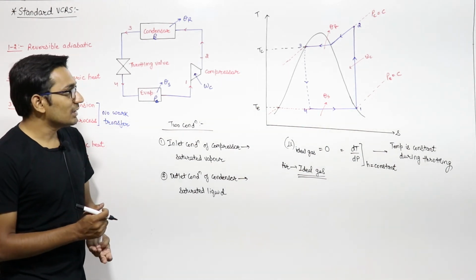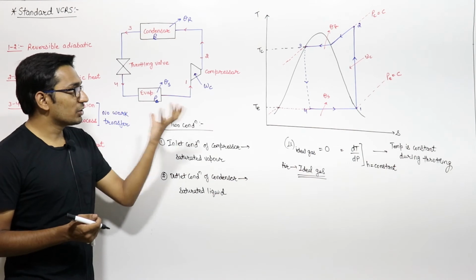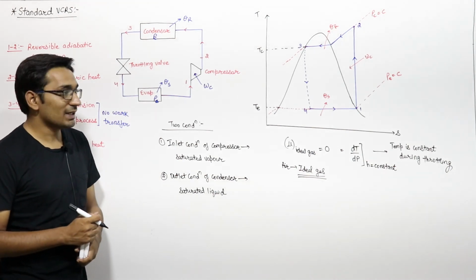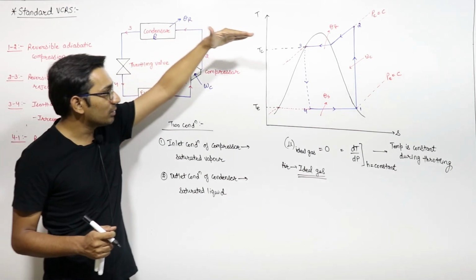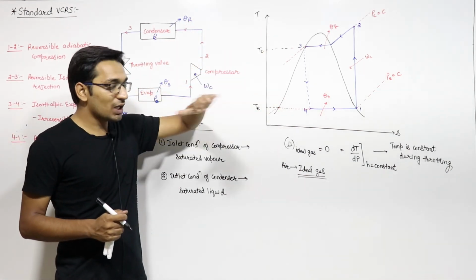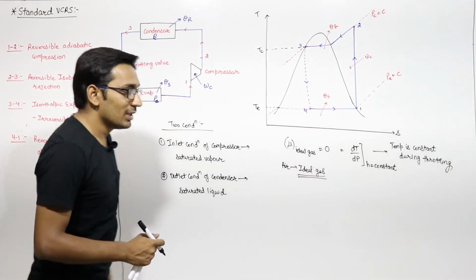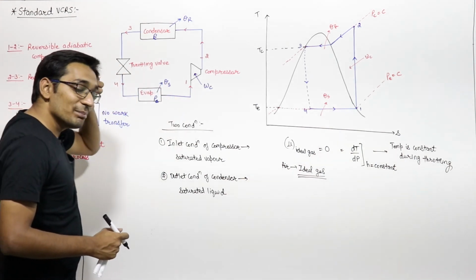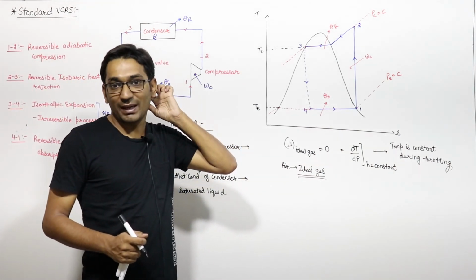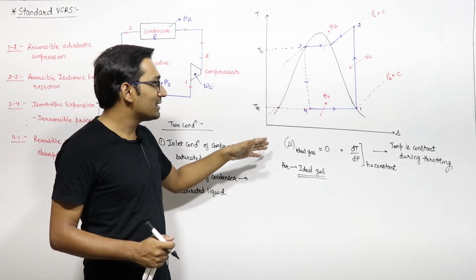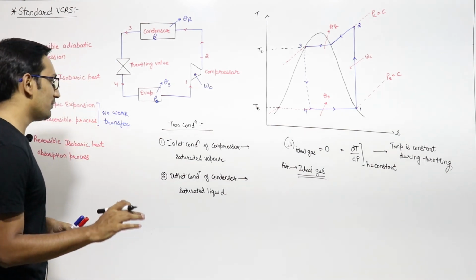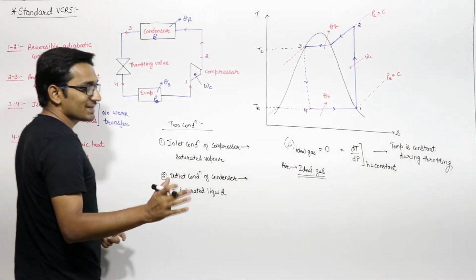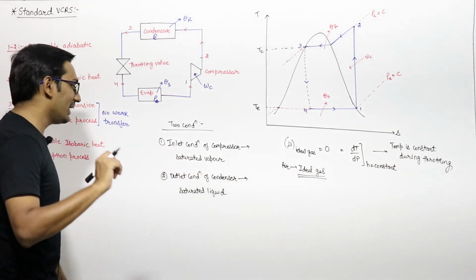It means if you use that throttling device in the reversed Brayton cycle, when the refrigerant is throttled from the condenser temperature to the evaporator temperature, the temperature will not change. Temperature will be the condenser temperature. Let us discuss the reversed Brayton cycle.